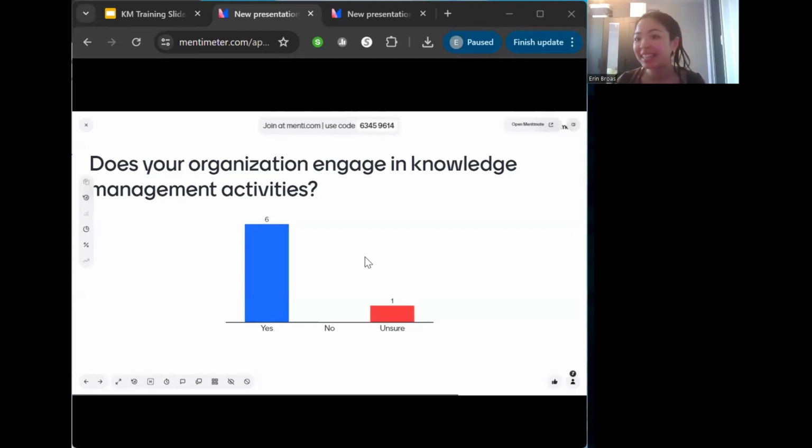A majority are saying yes, one is unsure, and a couple are unsure, which is great, which is what we'll be covering today. Basics on what knowledge management is and what some of the activities look like. Great, this is really exciting. I'll go ahead and quickly direct us to the next poll question as we see a lot of these yes or unsure responses come in.